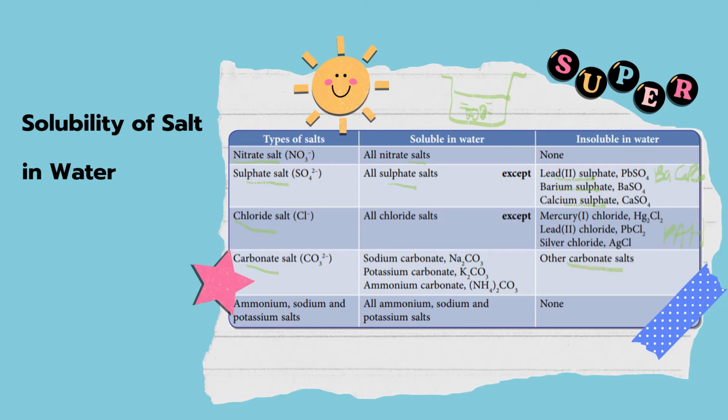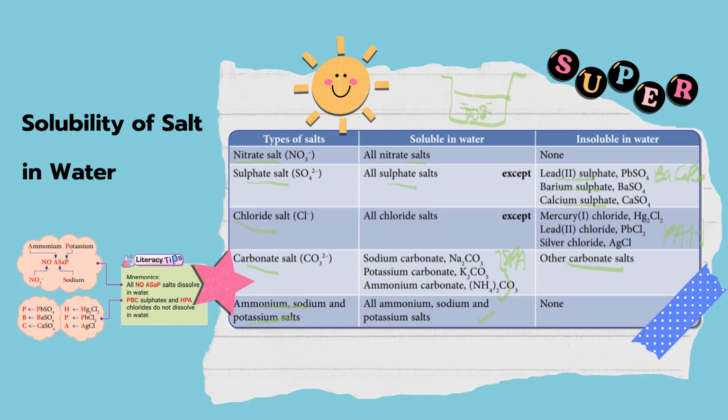Almost all carbonate salts are insoluble except these, SPA: sodium carbonate, potassium carbonate, and ammonium carbonate. Only three carbonate salts are soluble in water. And all ammonium, sodium, and potassium salts are soluble in water. We can use this mnemonic to memorize the solubility of salts in water.